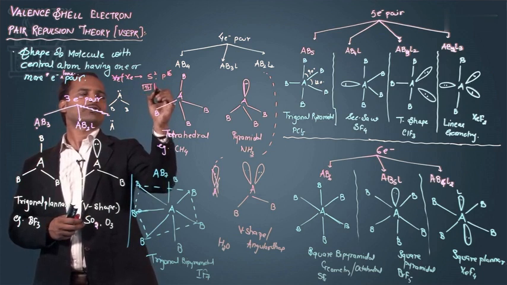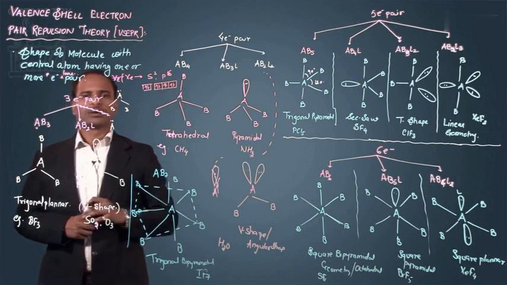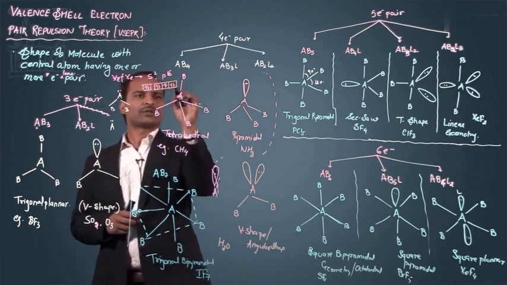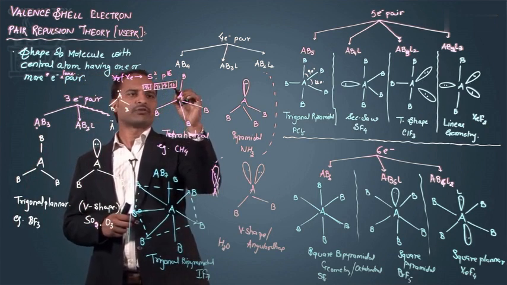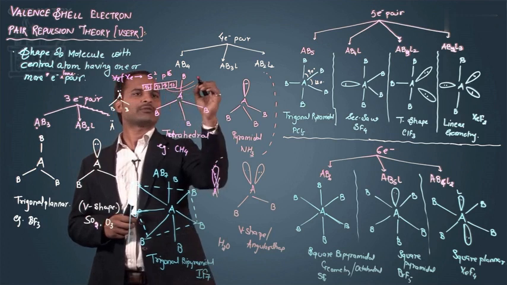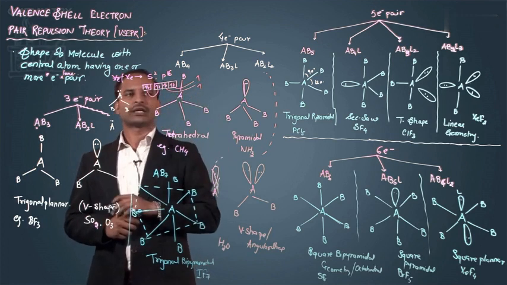S will have 2 electrons and P will have 6 electrons. Or simply I can say, for xenon tetrafluoride, from these 6 electrons, how many electron pairs will be moved out? 1 electron pair and second. So here I will get 2 electron pairs and 2 more electron pairs. Still there are 2 lone pair electrons.